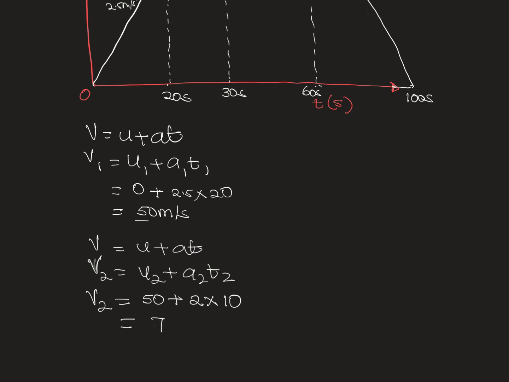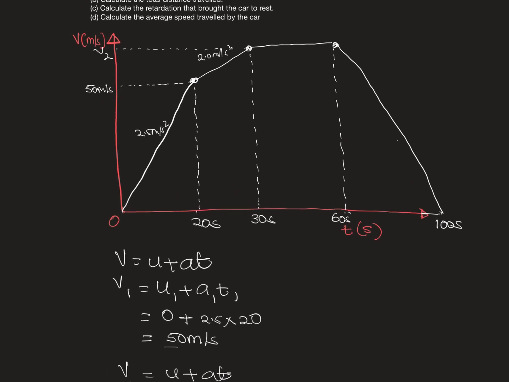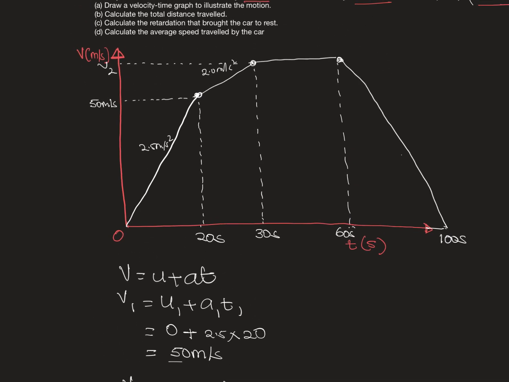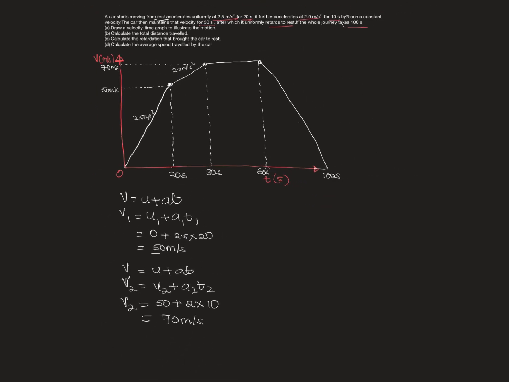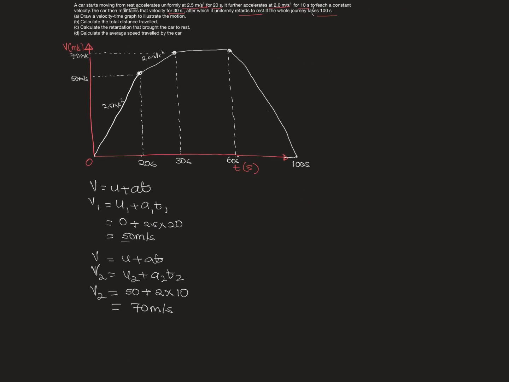That will be 70 meters per second. So we can substitute v2 as 70 meters per second on our velocity time graph. Instead of having that, I will write 70 meters per second. Okay, so we move on.